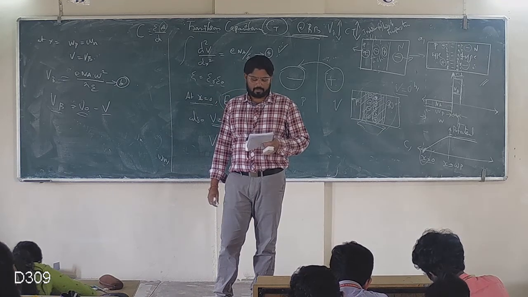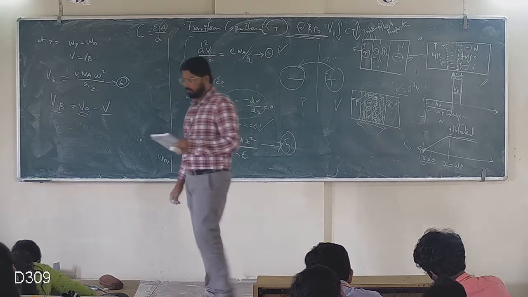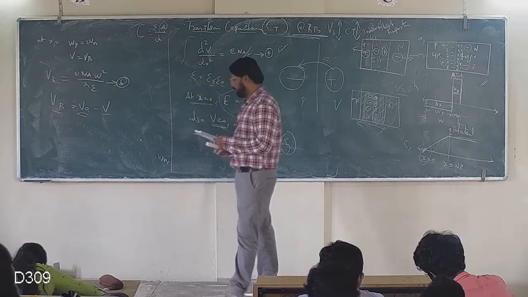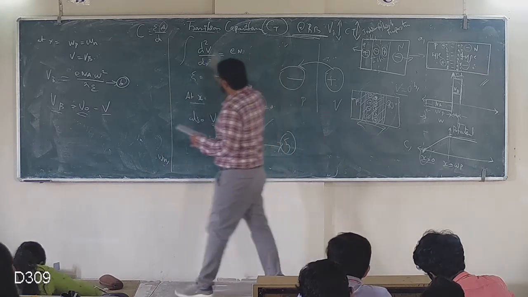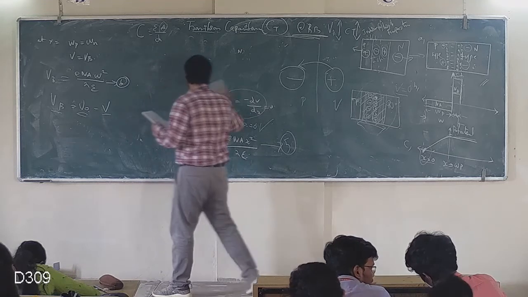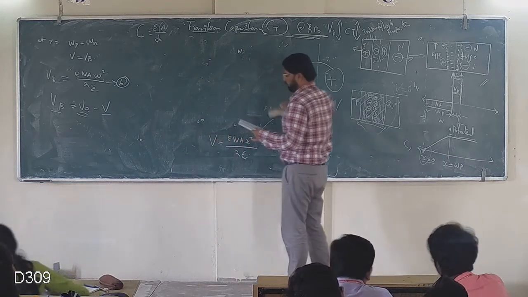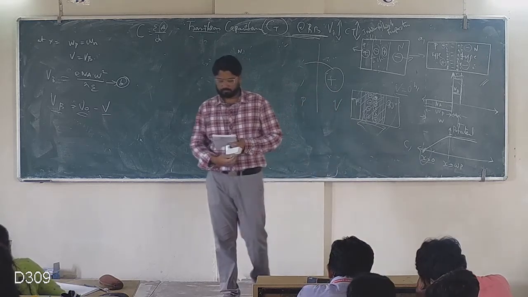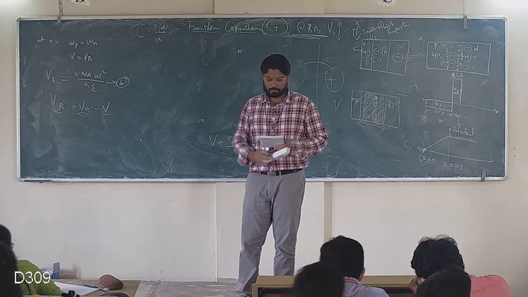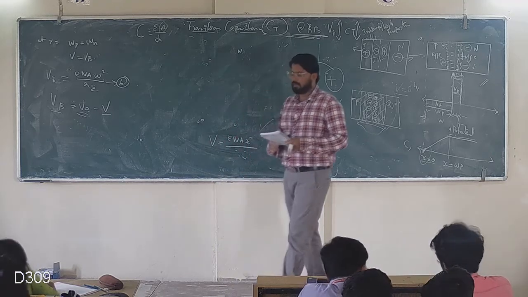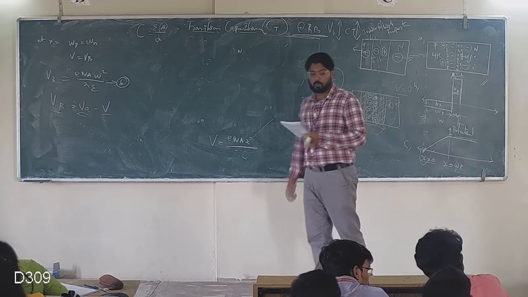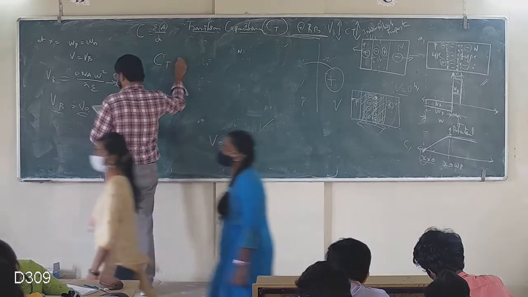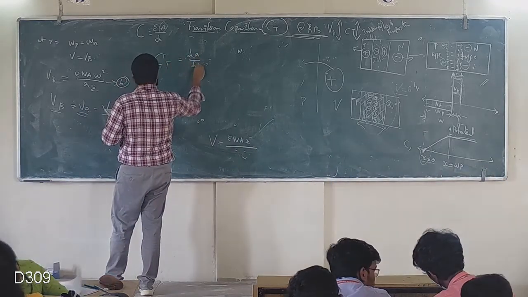That is, if A is the area of the junction and W is the width of the junction, then CT is equal to dq by dV.